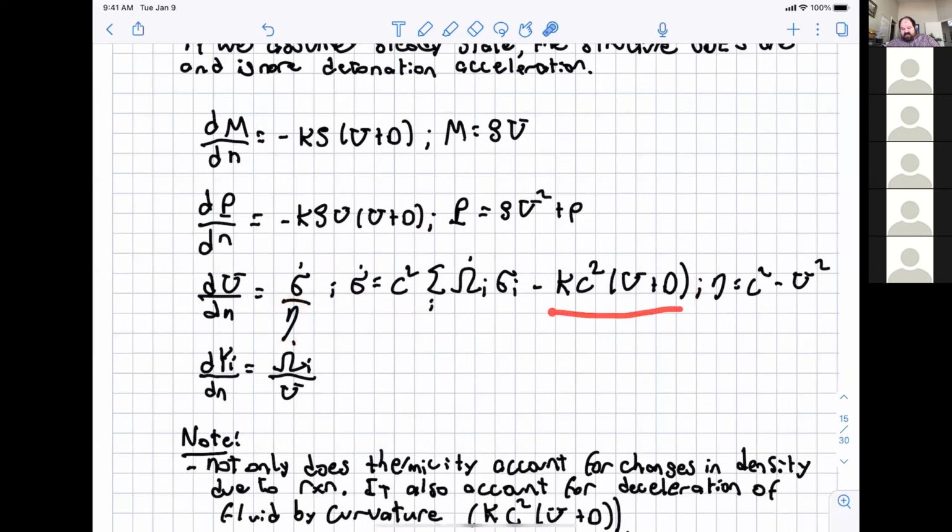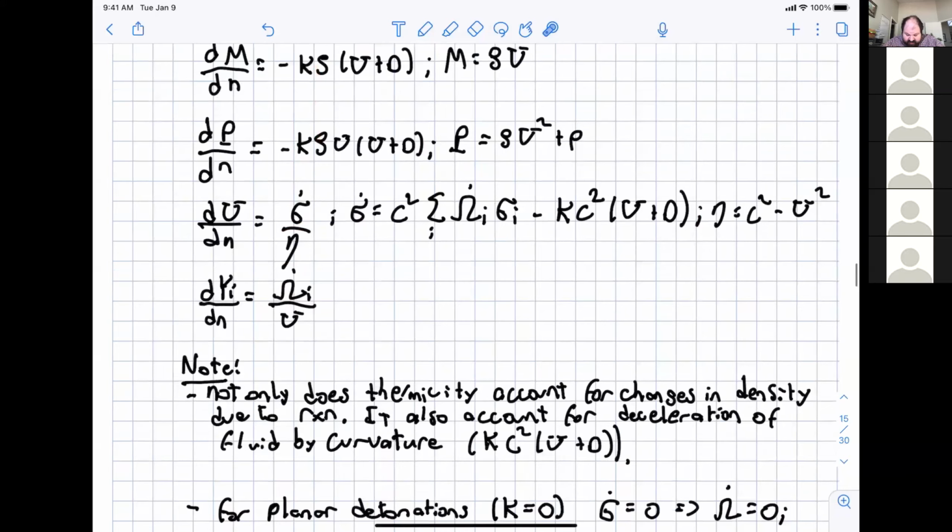This thermicity is modified to account for the curvature effect on the streamlines behind the leading shock wave. Also, if kappa is 0, we recover the standard 1D planar detonation structure equations.